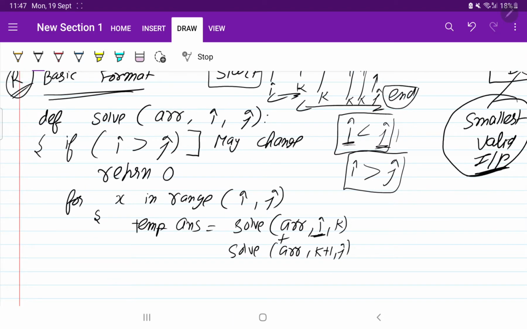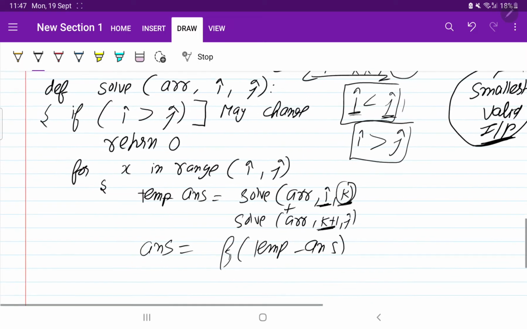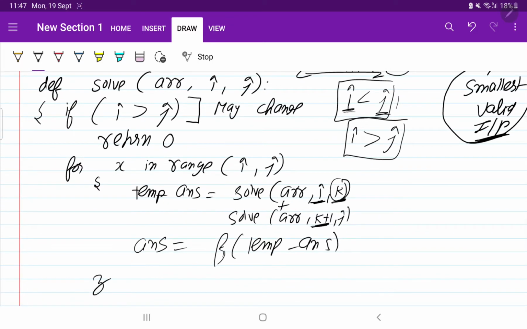So the starting point will be the same, the ending point will be k. Then the starting point will become k plus 1, but the ending point will become j. So from here we will get some temporary answer, and then the final answer is going to be some function of the temporary answer.